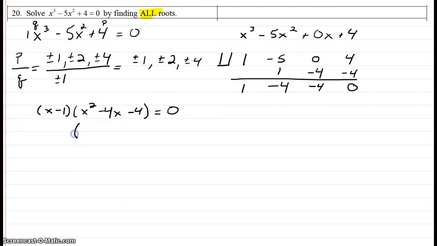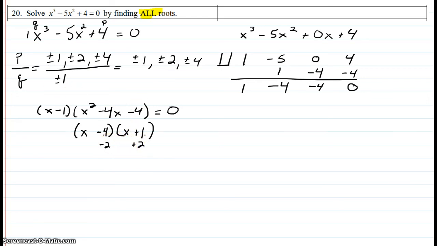So you might start doing something like this. X. We're looking good. X times x is x squared. Now to get a negative 4, I could have negative 4, positive 1, but these would add together to give negative 3. I could do a negative 2, positive 2, but that would equal 0.